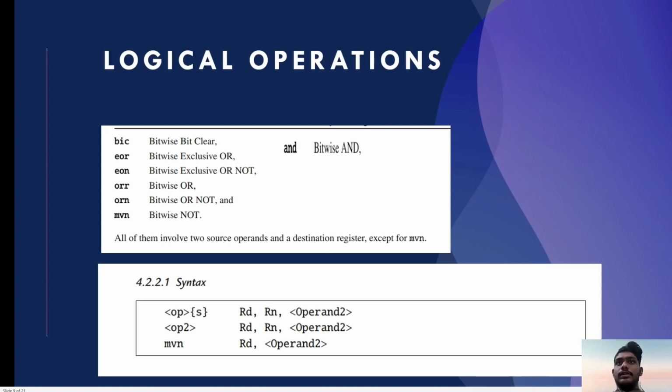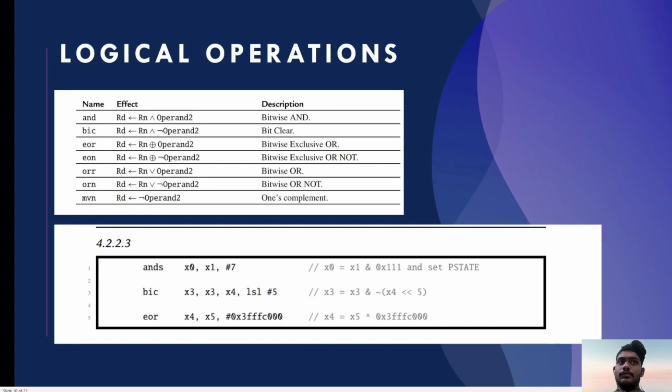We also have a syntax example here. Rd is the destination register, Rn is the source register, and we use logical operations to perform the logical calculations. The optional S specifies whether or not the instruction should affect the flag bits in the present state. We have an example here.